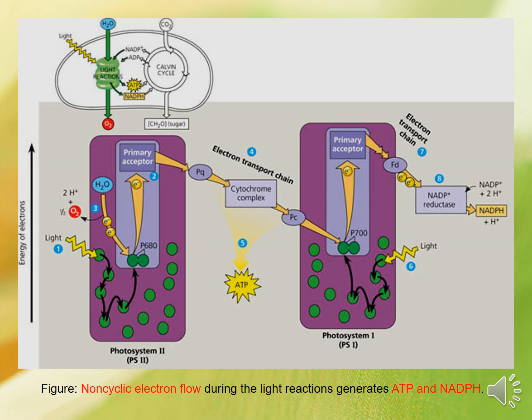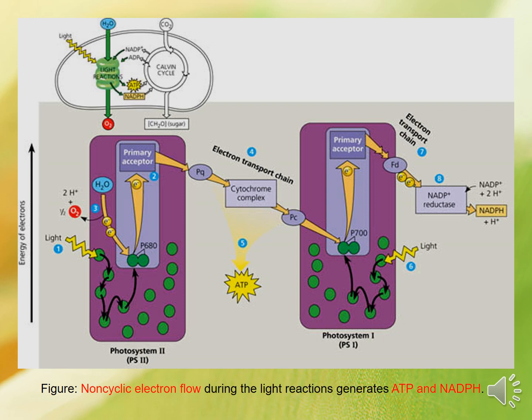At step number 6, light energy is absorbed by the accessory pigment and passed from one accessory pigment to another until it reaches P700, the chlorophyll A P700. What happens to the electron at P700? It is excited to the primary electron acceptor. So that is step number 6.